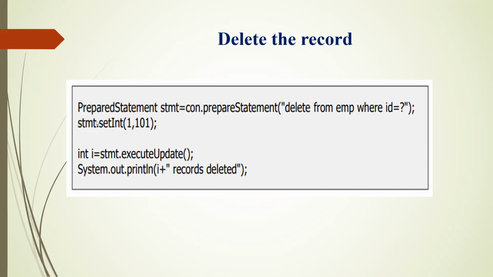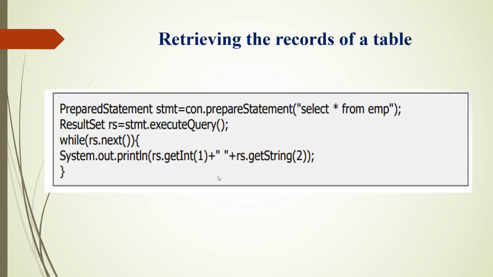In the next line, we are passing 101: statement.setInt(1, 101). Whichever record contains ID 101, that record will be deleted. To delete that record from the table, we execute the method executeUpdate. So statement.executeUpdate() will delete that particular record, and it will print 1 record deleted.